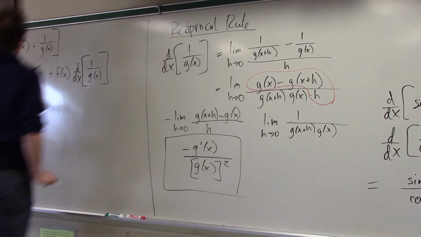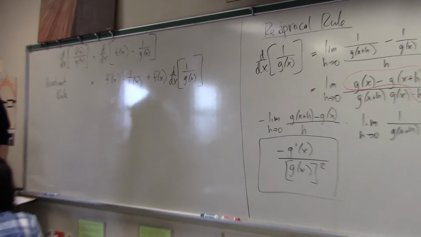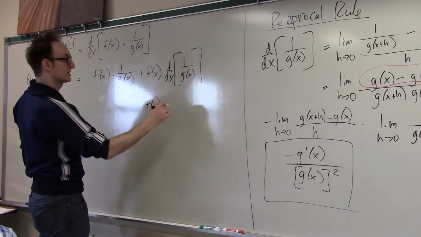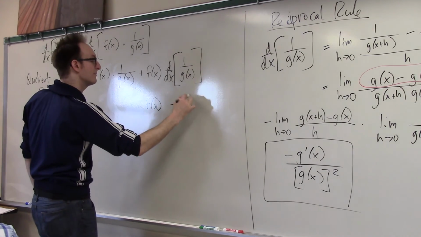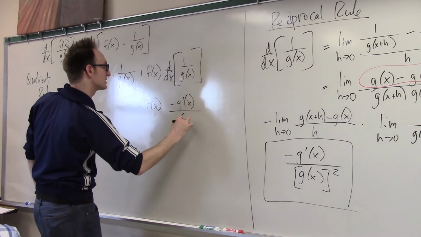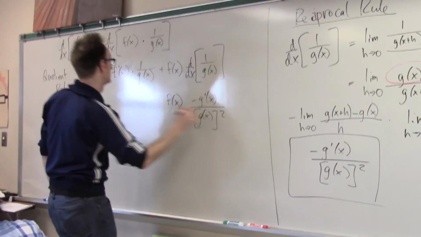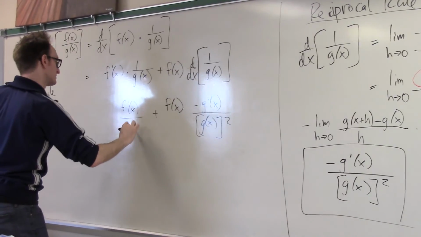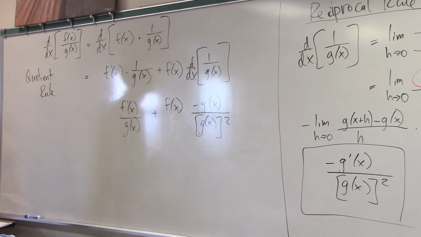Okay, we're back over to the quotient rule. I now know the reciprocal rule, because I derived it by the definition of the derivative. So this becomes f of x times negative g prime over g of x squared, and then this is plus f prime of x times 1 over g of x. I just subbed in the new thing that I learned, yeah?